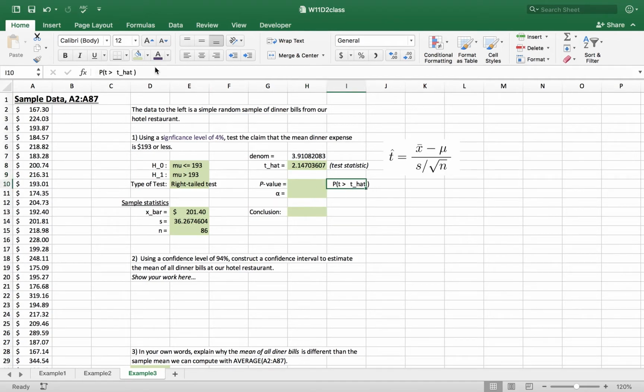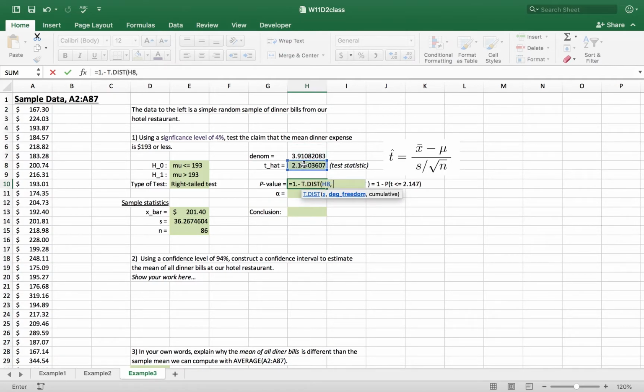Now we know that our probability for the p-value is going to be the probability that our t distribution is greater than 2.147. And since that's a greater than, we have to do the 1 minus trick. So when we compute this p-value, we're going to do a 1 minus t.dist.